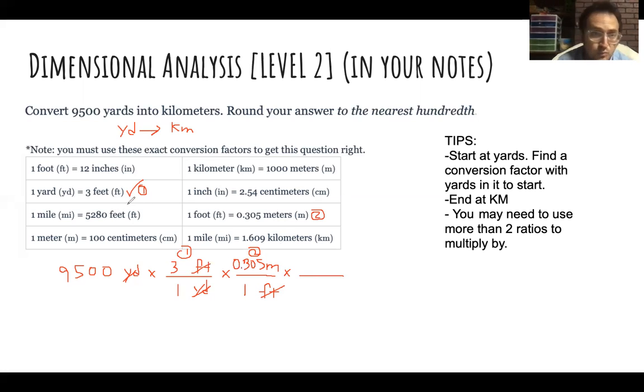And what I notice here, well, I've already done the feet to meters. So I'm just going to go to the ones that have meters. So I have a meters to centimeters, and I have a meters to a kilometer. And obviously, since we're being asked for kilometers, I'm going to try to put meters and kilometers.